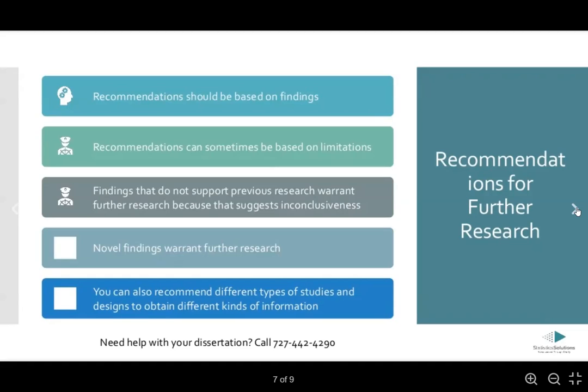You may then say, well, why? Why is that happening? One recommendation for future research could be to dig a little deeper and maybe use a qualitative method to interview people in that population to find out that why.